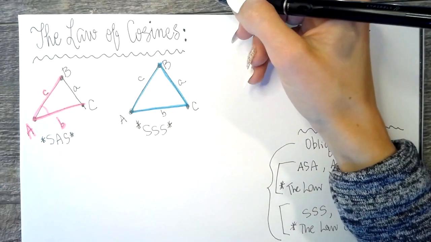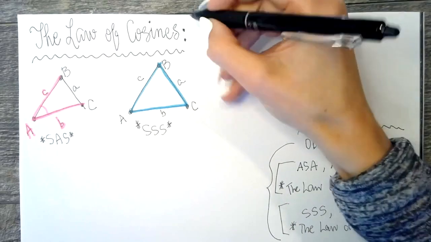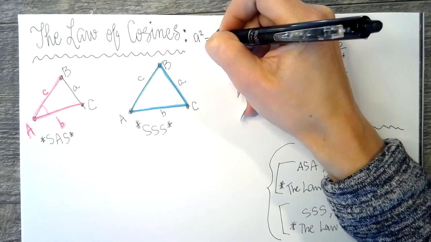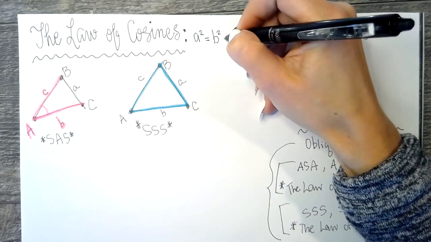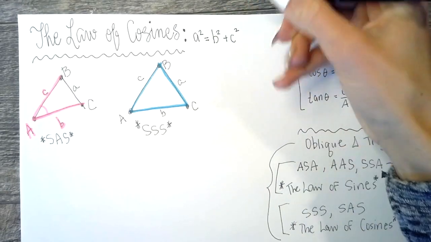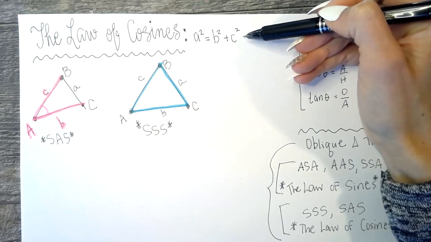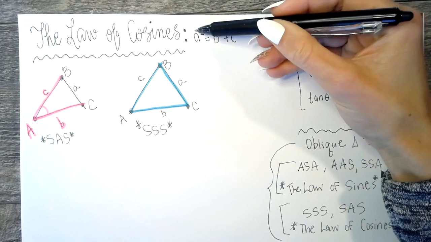All right, so let's get this law of cosines formula written down. Sometimes people have you write it down three different ways where they arrange A, B, and C in all three different ways. It looks like the Pythagorean theorem at first. I have a squared equals b squared plus c squared.